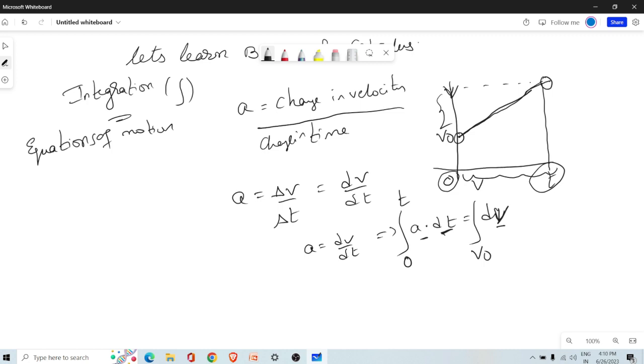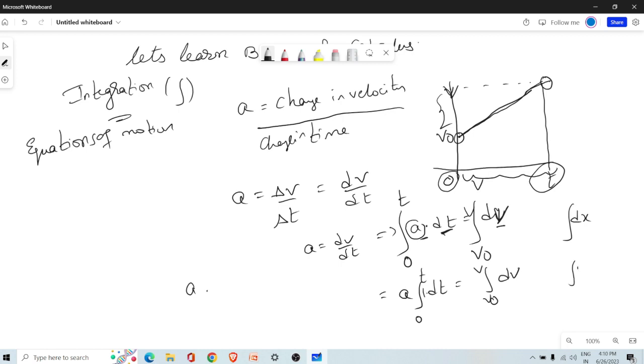So we are doing integration to the acceleration. Here a is considered like x in integration dx, but a is a constant value. So we write a integration 0 to t dt is equal to integration v naught to v dv, with a into 1 into dt.